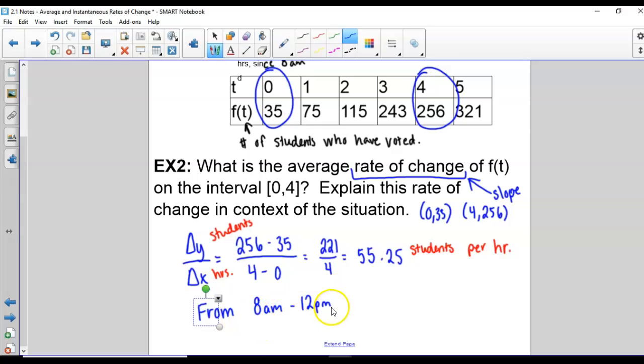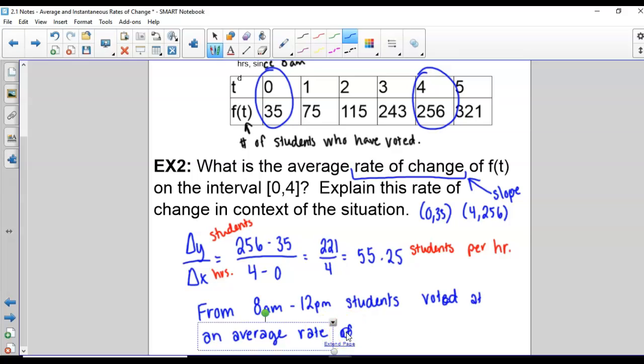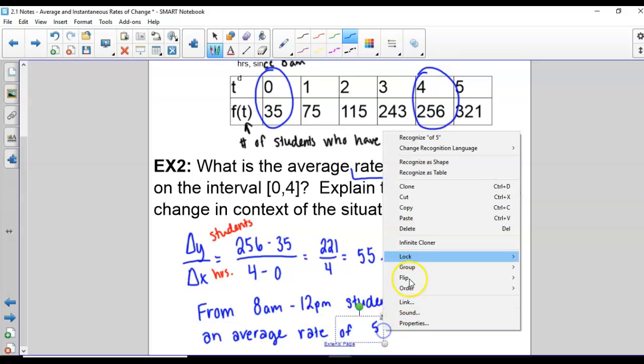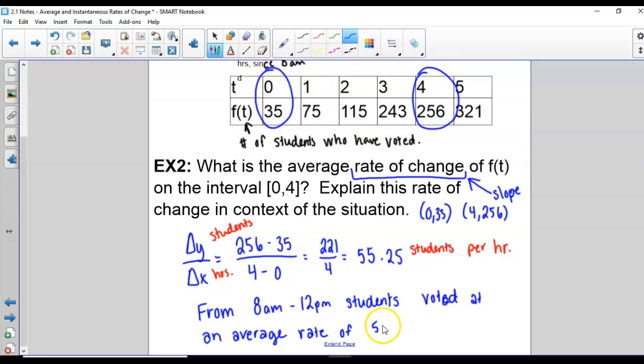So from 8 a.m. to 12 p.m., students voted at an average rate of 55.25.